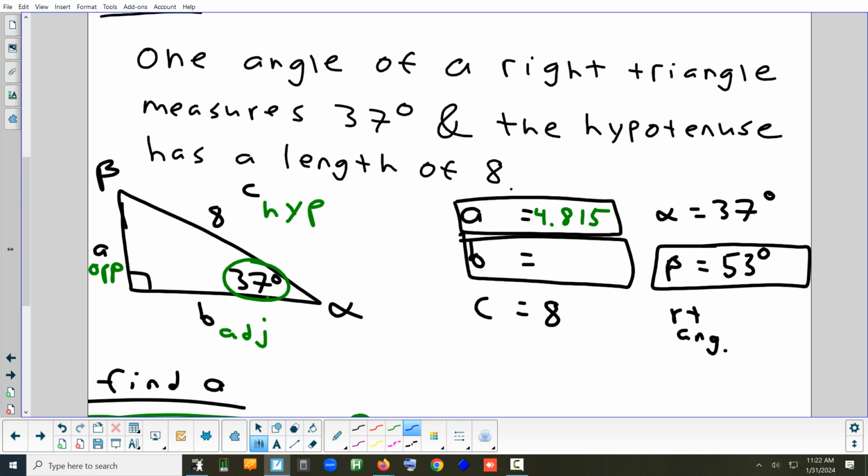All right, so this time you're still using the 37. But now you're going to focus on B and the side that was given. So B is the adjacent. The given is the hypotenuse. Which trig function has adjacent and hypotenuse in it?